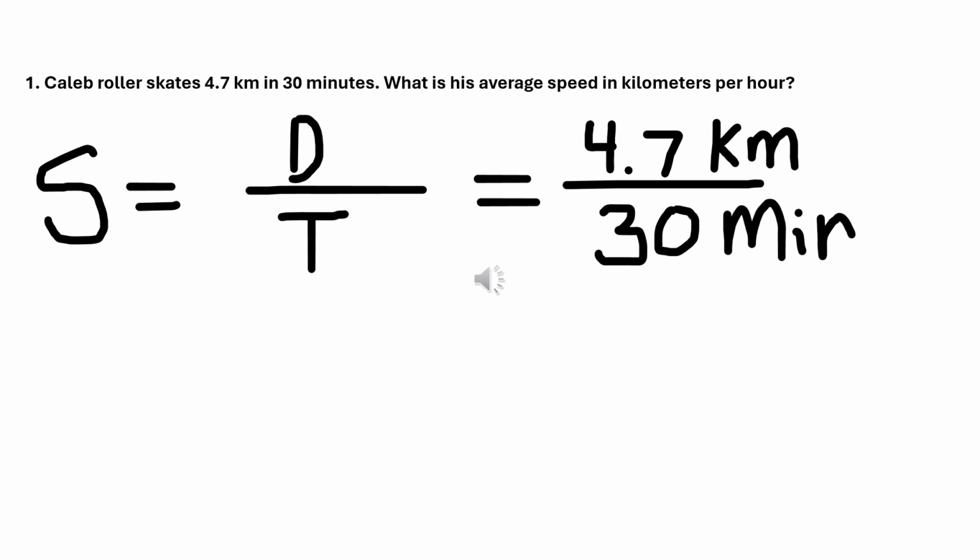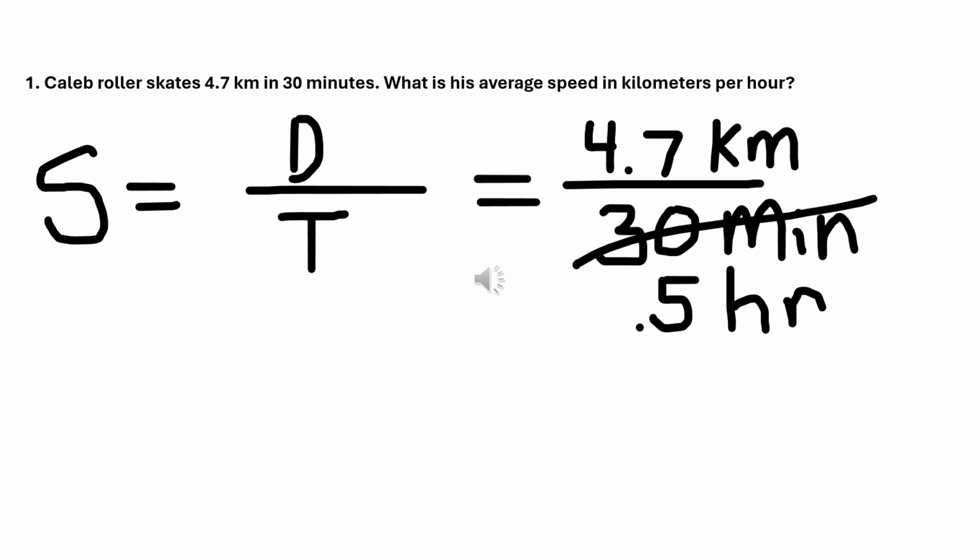But the question asks us to give the answer in kilometers per hour, so we're going to have to convert 30 minutes to half an hour, and we'll do that as a decimal fraction, and we'll write in 0.5 hours.